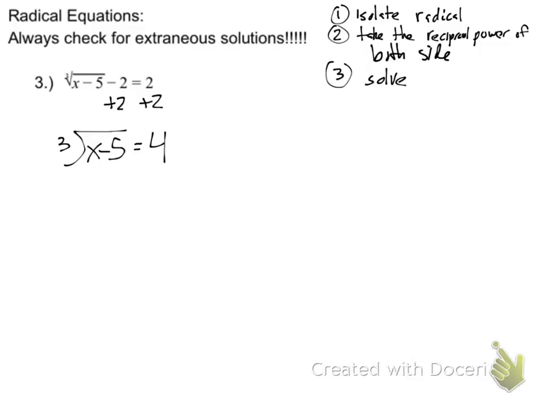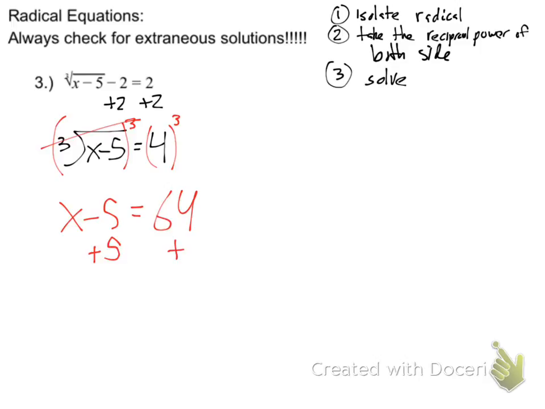And then you just ask yourself, how do I get rid of a cubed root? Not multiply by 3, but take it to the 3rd power. What I do to one side, I do to the other side. So yes, the cubed and the cubed root will cancel each other out. That's what we do. We engineered it that way. And then you just have to ask yourself, what's 4 times 4 times 4? 64.